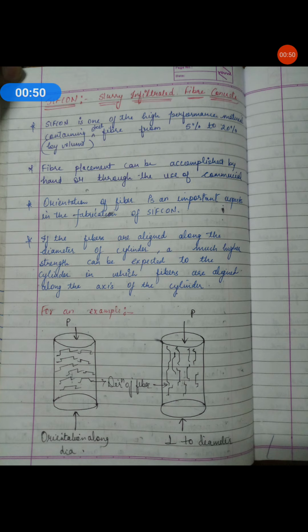Starting with SIFCON, that is slurry infiltrated fiber concrete. It's a different kind of fiber concrete in which we induce slurry. SIFCON is one of the high performance materials containing steel fiber from 5% to 20%.